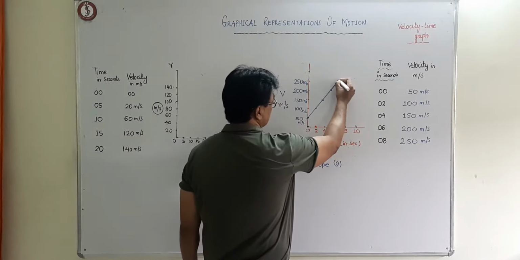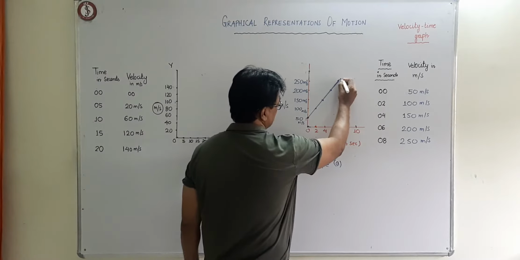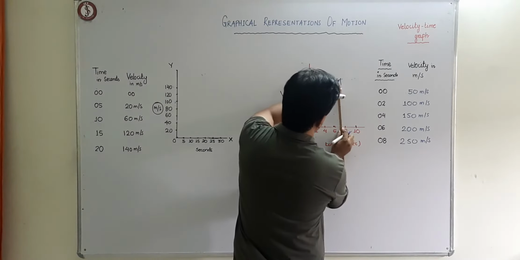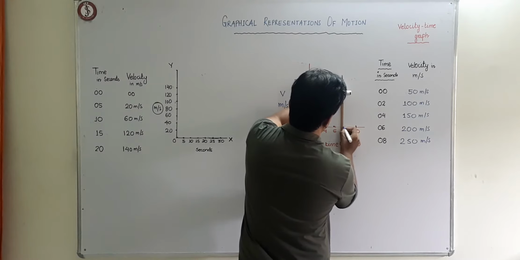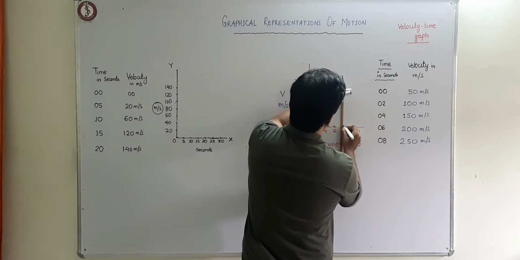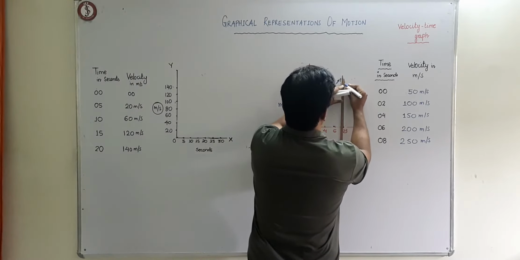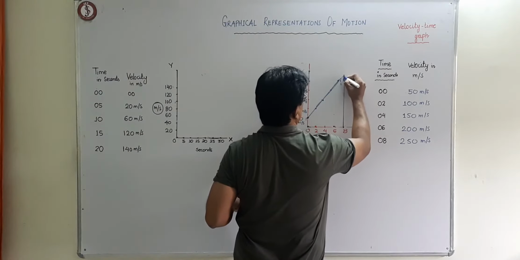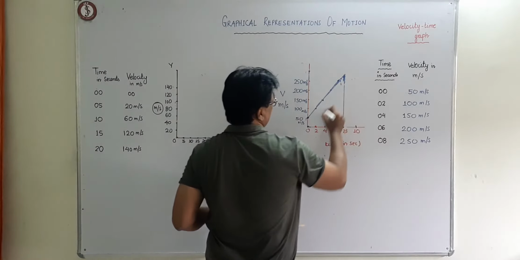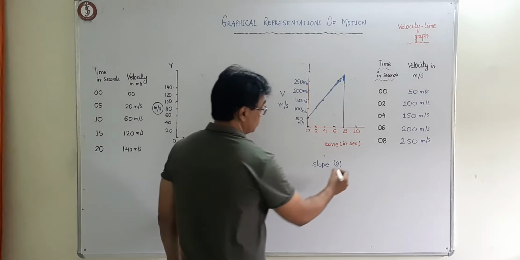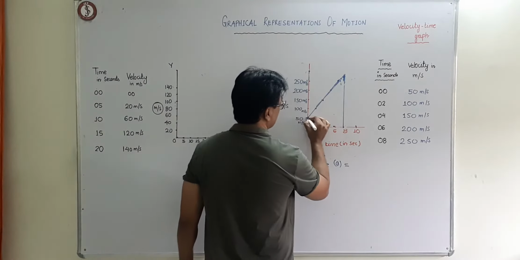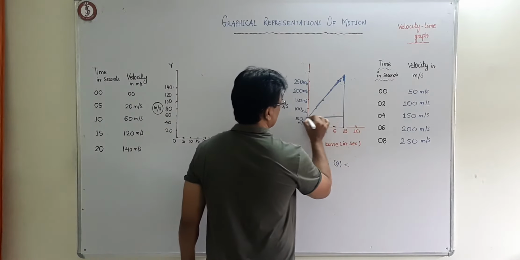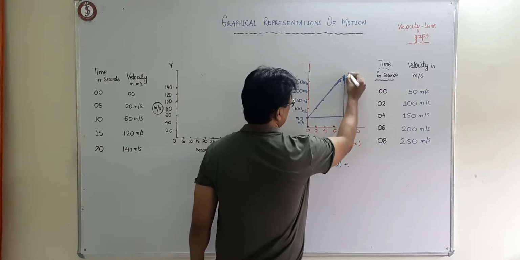Because you know what happens, suppose I am putting this at exactly 8 seconds, it should be somewhere here. I am watching this, it is touching over here after 8. So slope always means you should have a triangle, so I drop this. Now from here to here, A to B, what is happening?